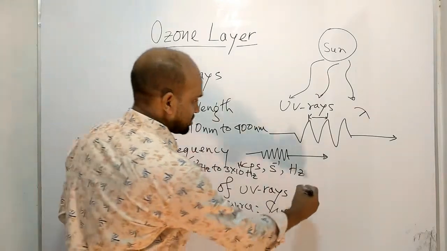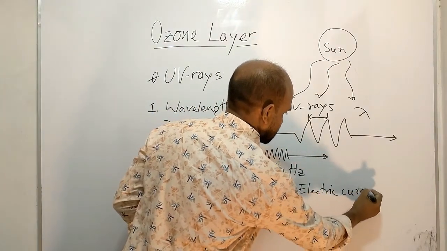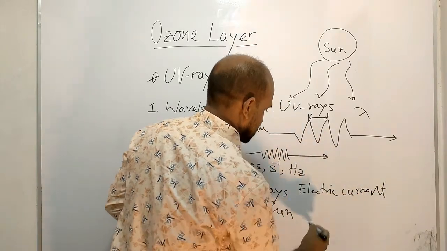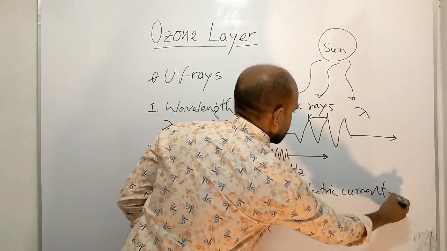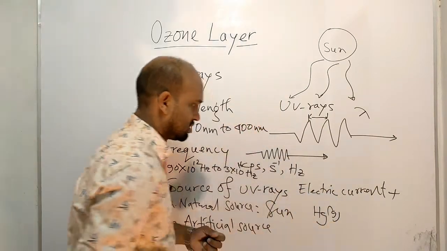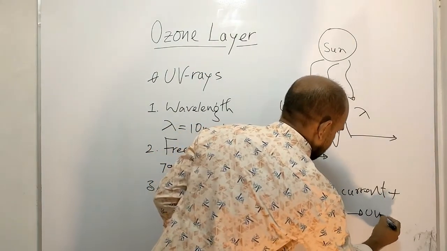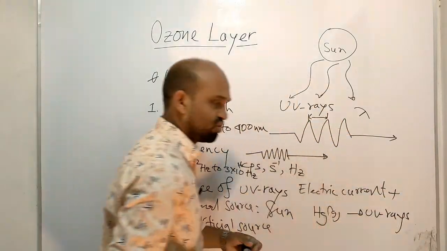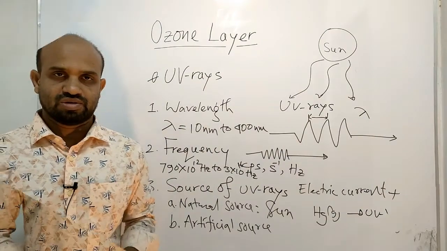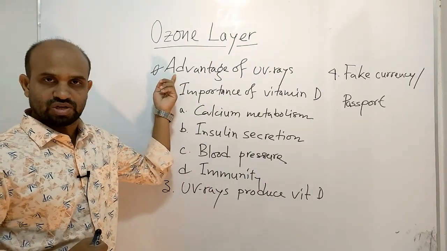When electric current is passed through vaporized mercury, then UV rays are produced.